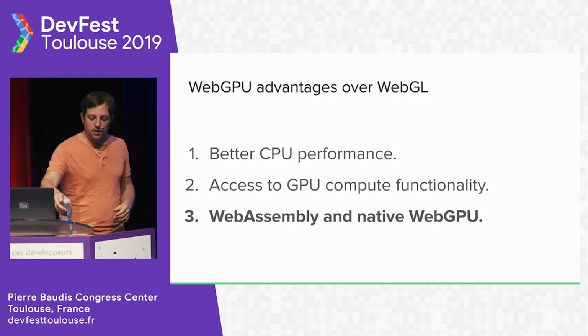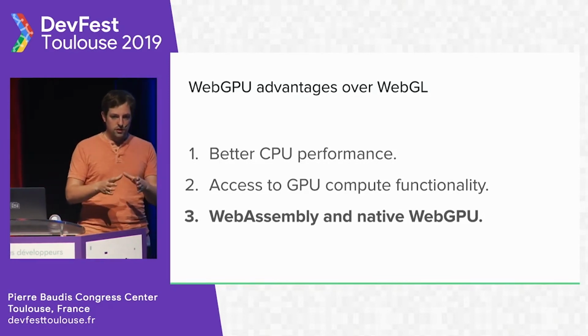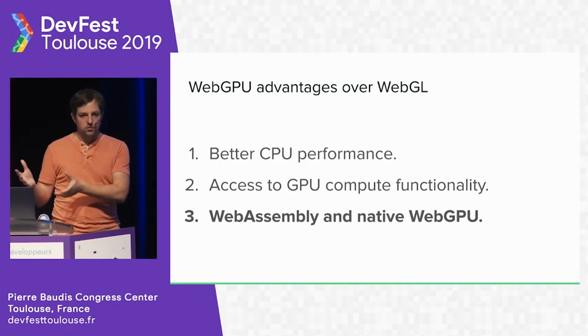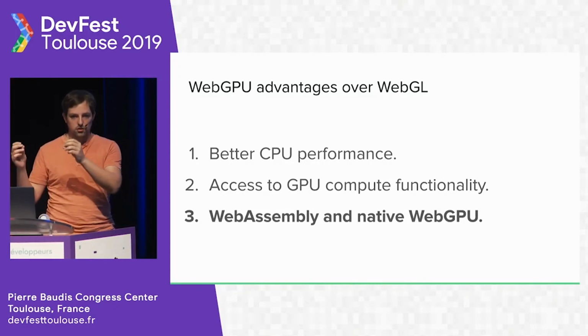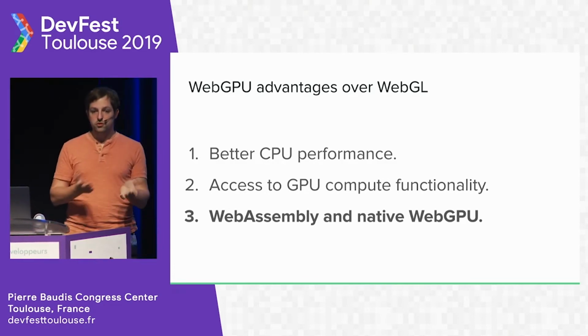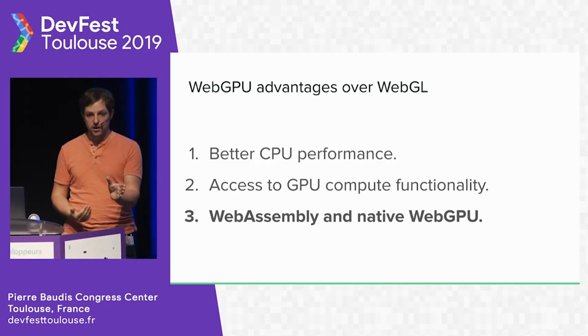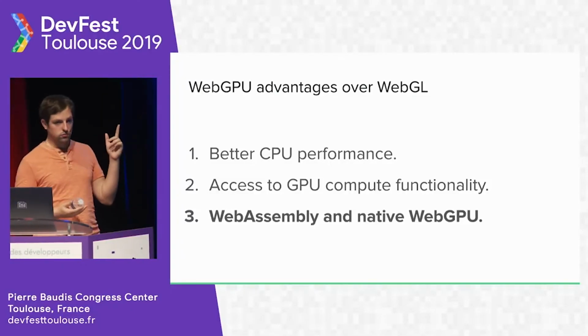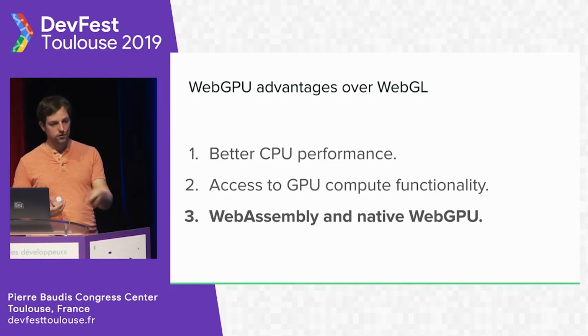But one big advantage of WebGL is that you can take your, say, Android game that uses OpenGL ES and compile it, and it works on the web. WebGPU doesn't have a native API like this, so it's hard to see how native applications could target the web the same way using WebGPU. So to understand how we are going to be able to do this, we'll see how WebGPU is implemented in Chrome briefly.